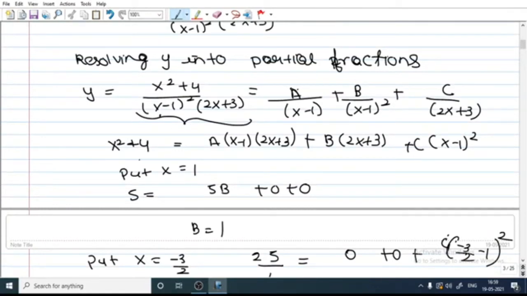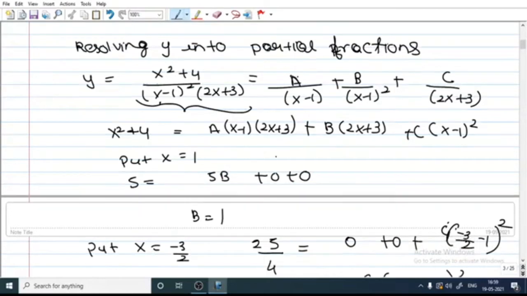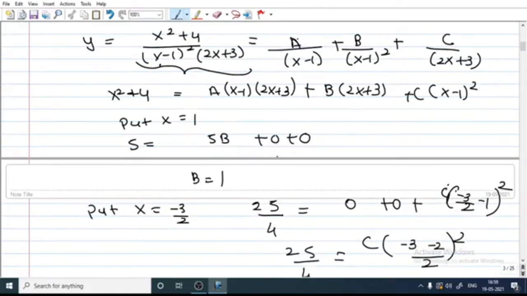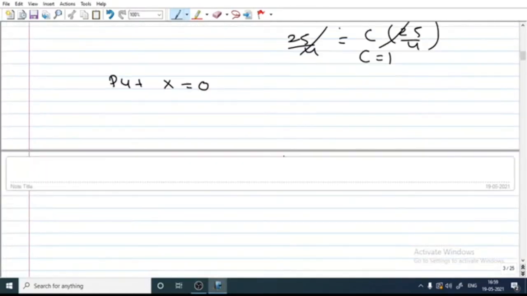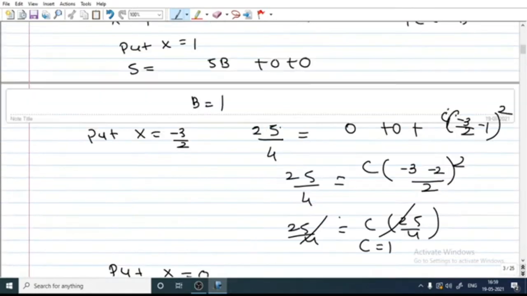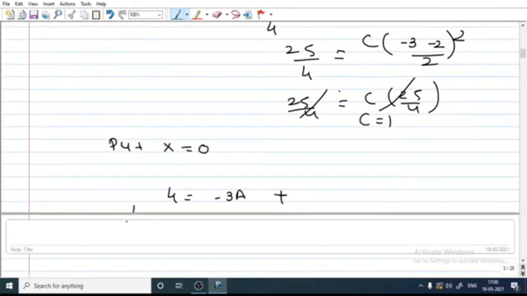Here this will become 4, this will become minus 3, so we get 4 equals minus 3a plus 3b plus c.